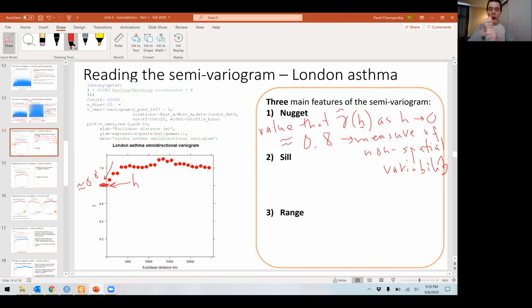Importantly, the range is the distance at which data are no longer correlated. So data points that are farther apart than 4 kilometers are no longer correlated.